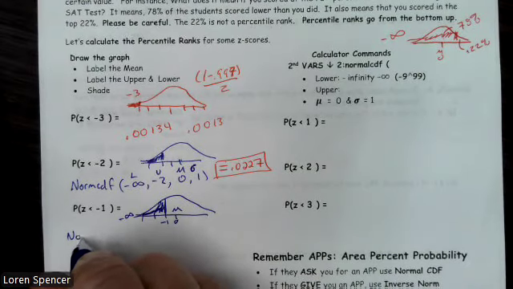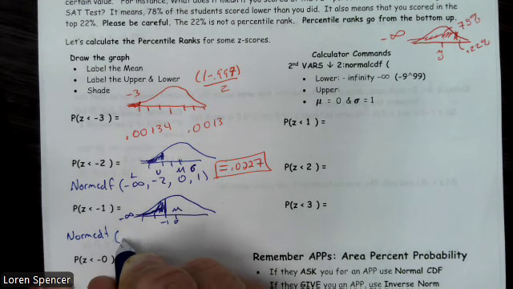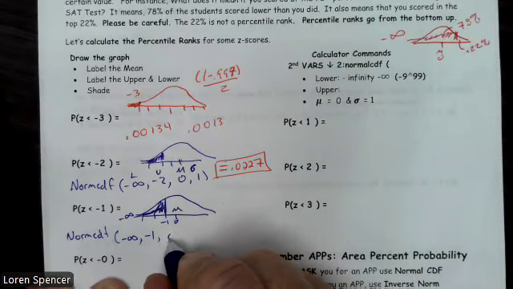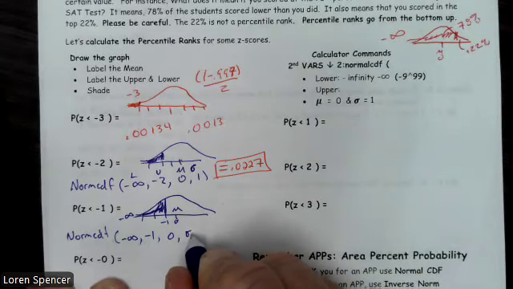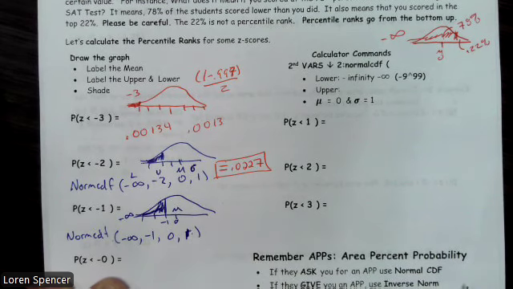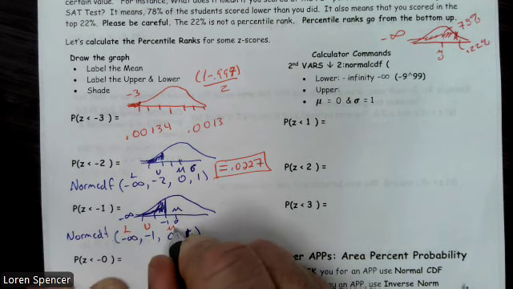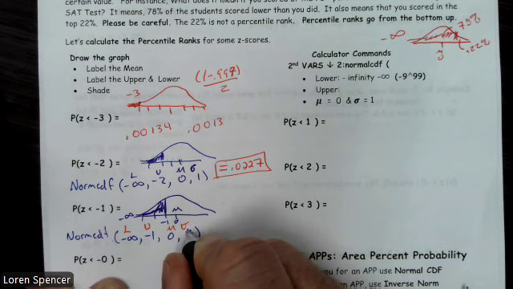So normCDF, negative infinity to -1, and mean is 0, standard deviation of 1. So let's put some labels on that: lower, upper, mean, standard deviation.